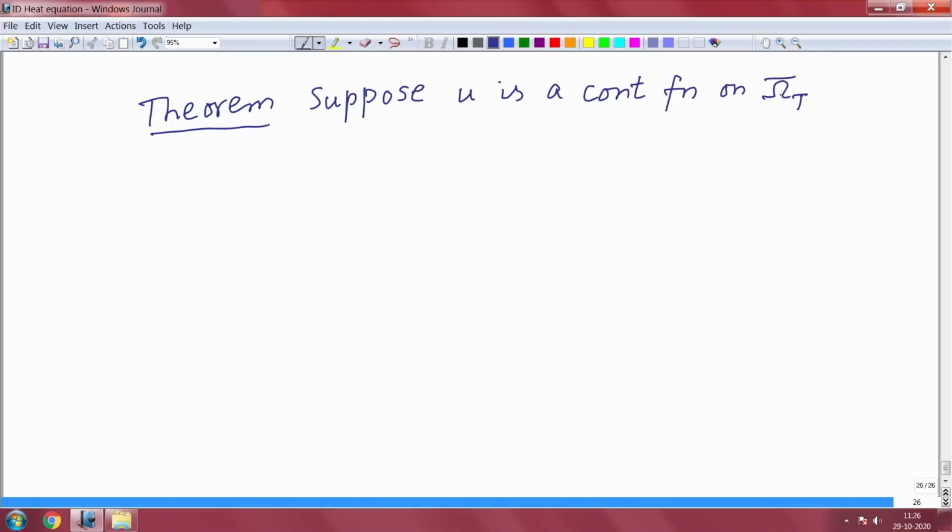Since this is a compact set, u will be bounded on omega t bar.